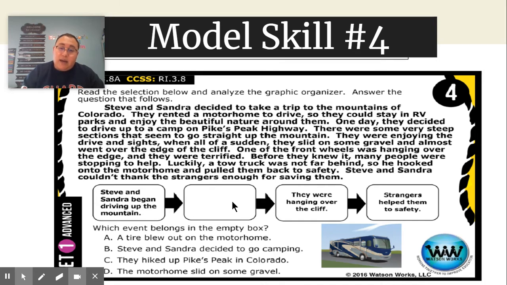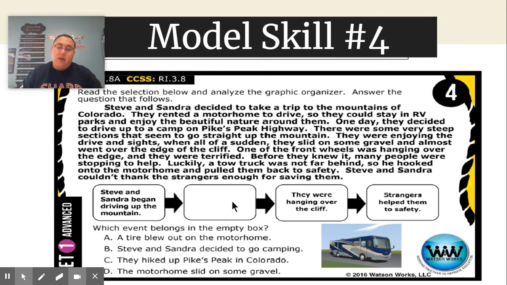And then they were hanging over the cliff, right? Over the cliff. And then strangers helped them to safety.